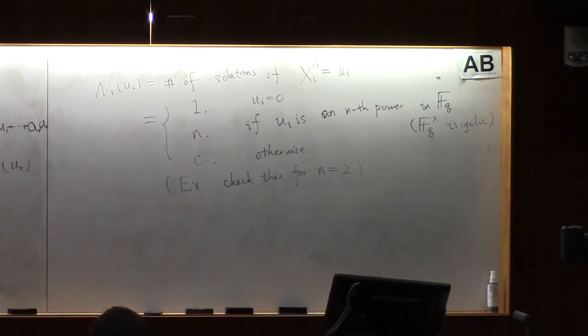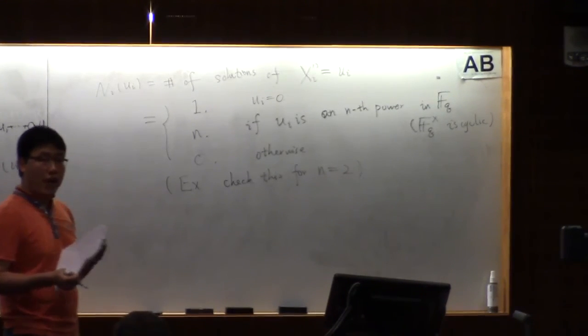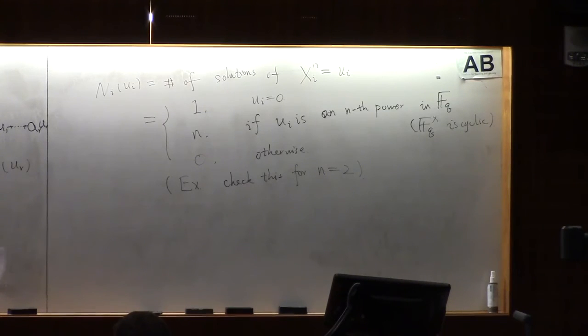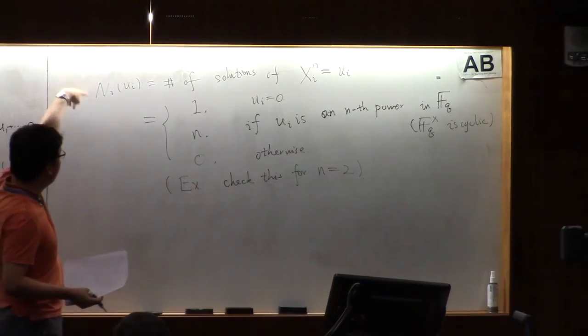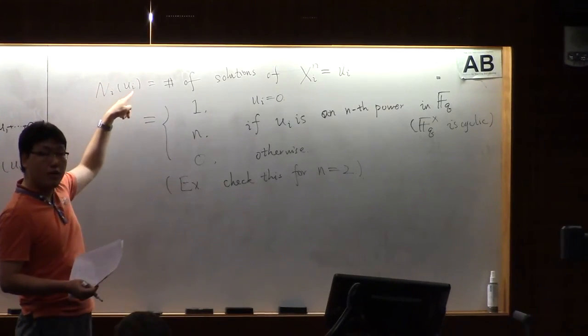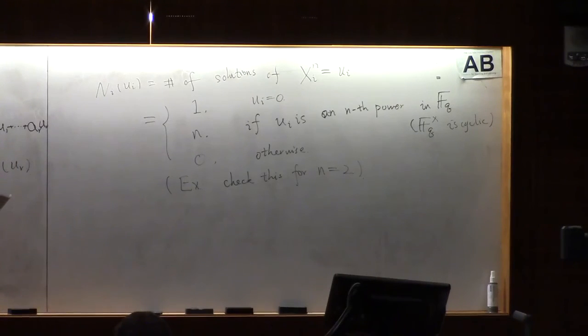And you can go back to the Legendre symbol I explained in the previous example. So now we have a very clear description for each of these factors, but it is not good enough. You know, in the previous example, we tried to write the number of solutions of an equation as the sum of some characters. And we want to do the same thing for these numbers.